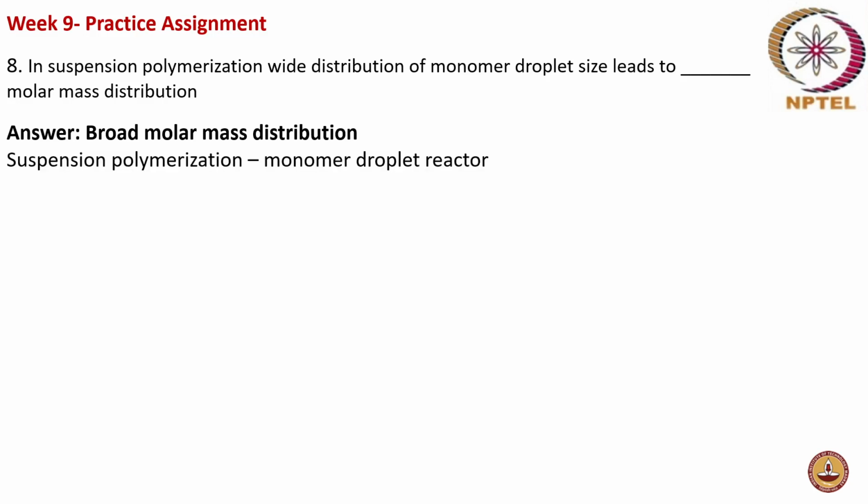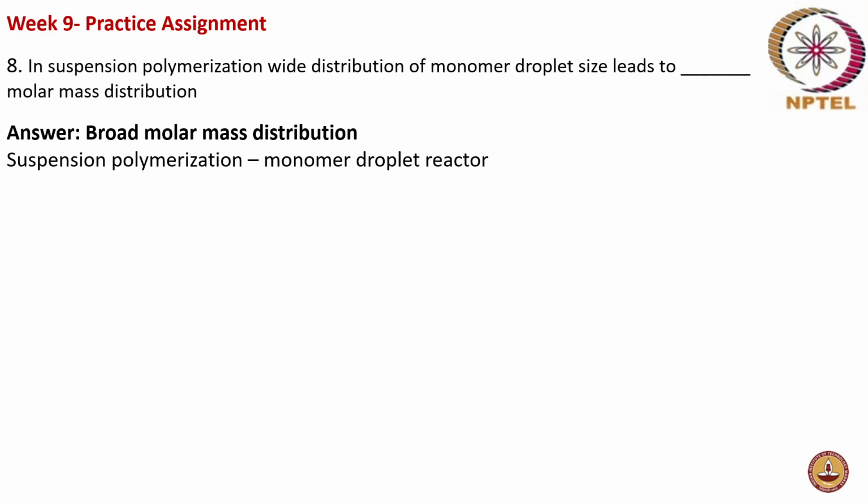Why is this? Because in suspension polymerization, your monomer molecules are suspended in a solvent. Each of these monomer droplets acts as a reactor, and polymerization happens in these droplets. The monomer droplet size will determine the polymer size also, which means it determines the molar mass of that particular piece of polymer.